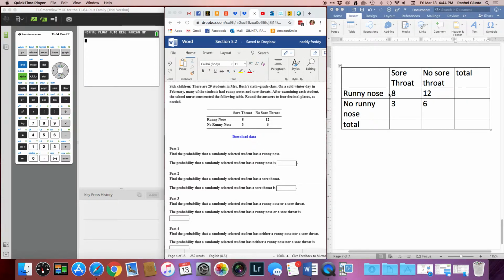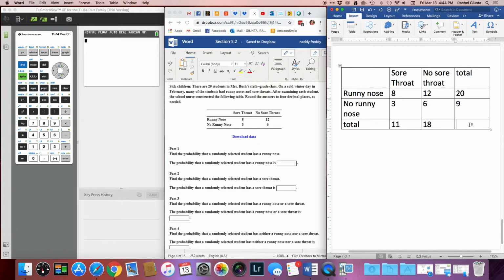So for runny nose, all the totals of those, whether they had a sore throat or not, there were a total of 20 people with a runny nose and 9 people with no runny nose. And then looking down the columns, 11 had a sore throat and 18 had no sore throat.